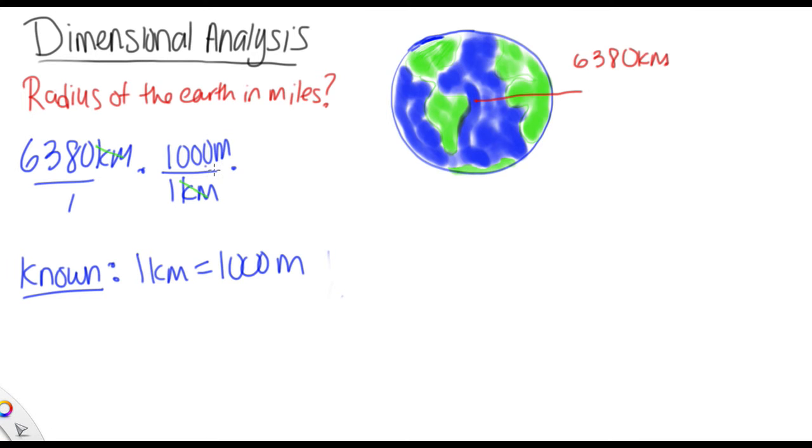Now we need to get rid of meters. What do we know for the conversion for meters? We know that 100 centimeters equals 1 meter. And so we want to place this ratio in such a way that we can cross out these meters. So meter will be in the denominator, 100 centimeters would be in the numerator. Now we can cross out meters.